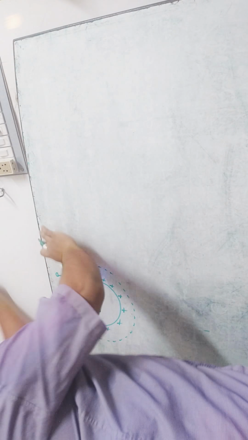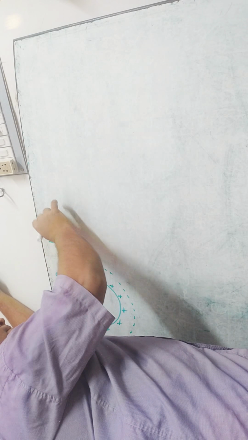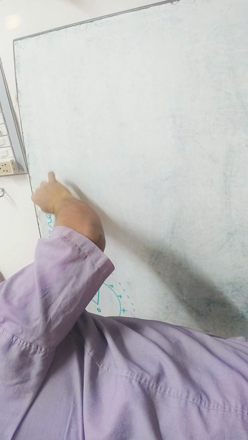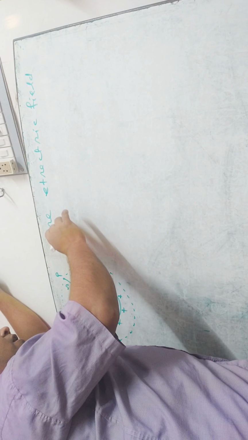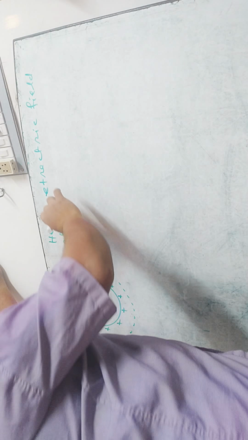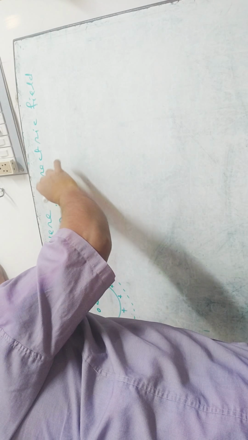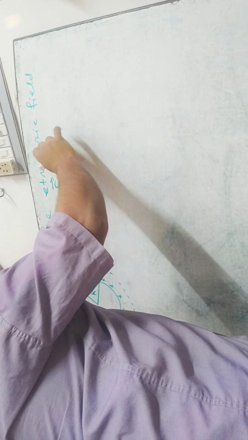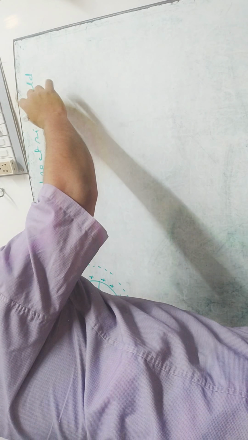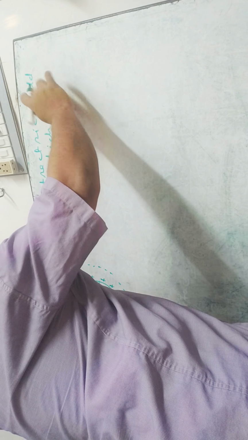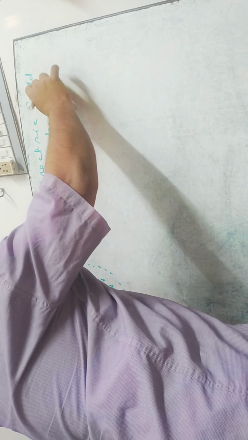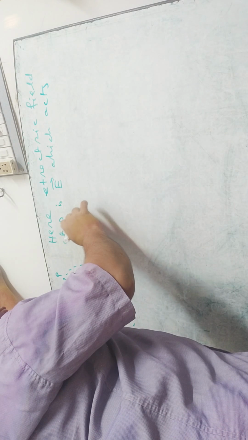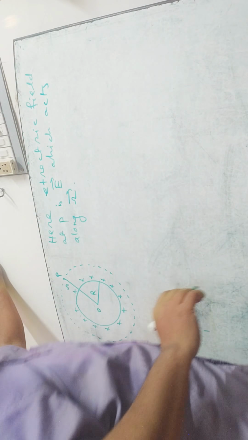Here the electric field at P is E vector, which acts along r vector.